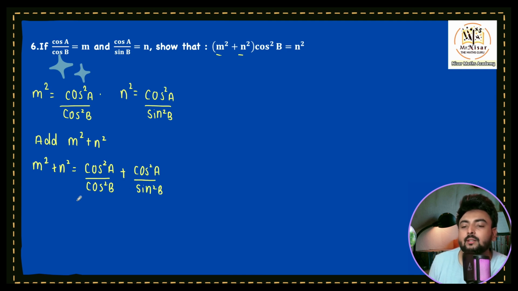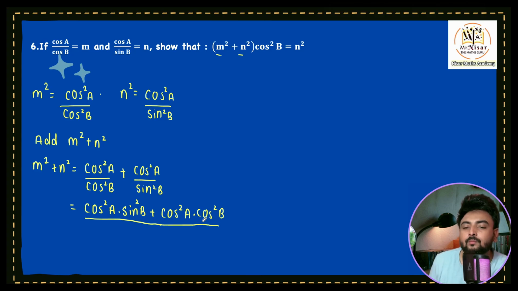Here the denominators are not the same, so what is the next step? You should cross multiply. So it will be cos square a into sin square b plus cos square a into cos square b upon cos square a into cos square b into sin square b. Okay, so I have written that by cross multiplication.